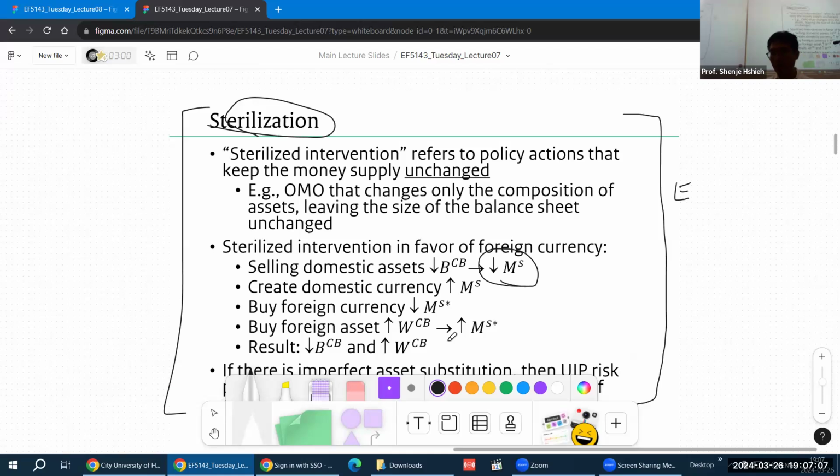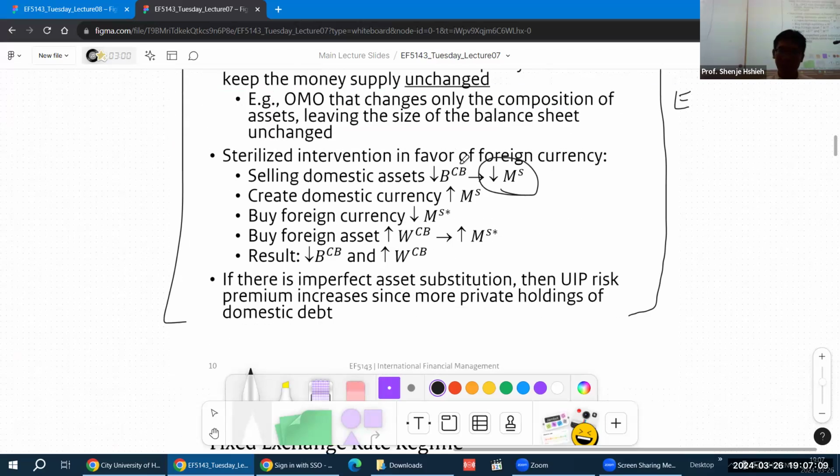So in this case, if I'm going to sterilize intervention in favor of foreign currency, it means I'm going to sell domestic assets, in which case I'm decreasing central bank holdings, which means I'm going to decrease money supply. I'm going to create domestic currency in the second step, so this cancels out, and then use that extra money to buy foreign currency, and then use that foreign currency to buy foreign assets.